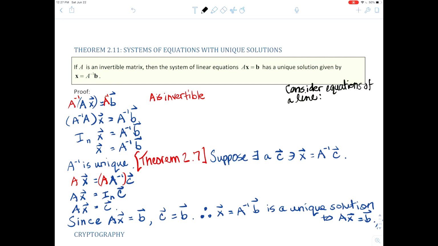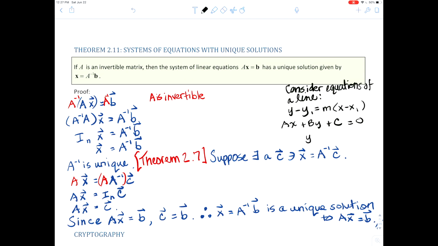Right? So if you think about that, aren't there different forms? You can have y minus y1 is equal to the slope times x minus x1. You can have a times x plus b times y plus some c is equal to 0.